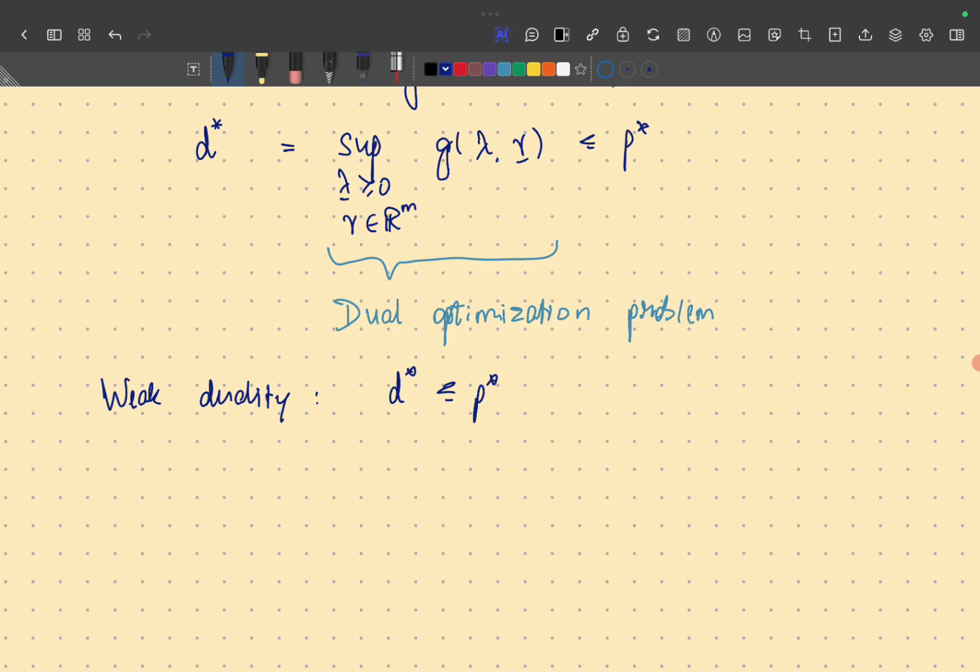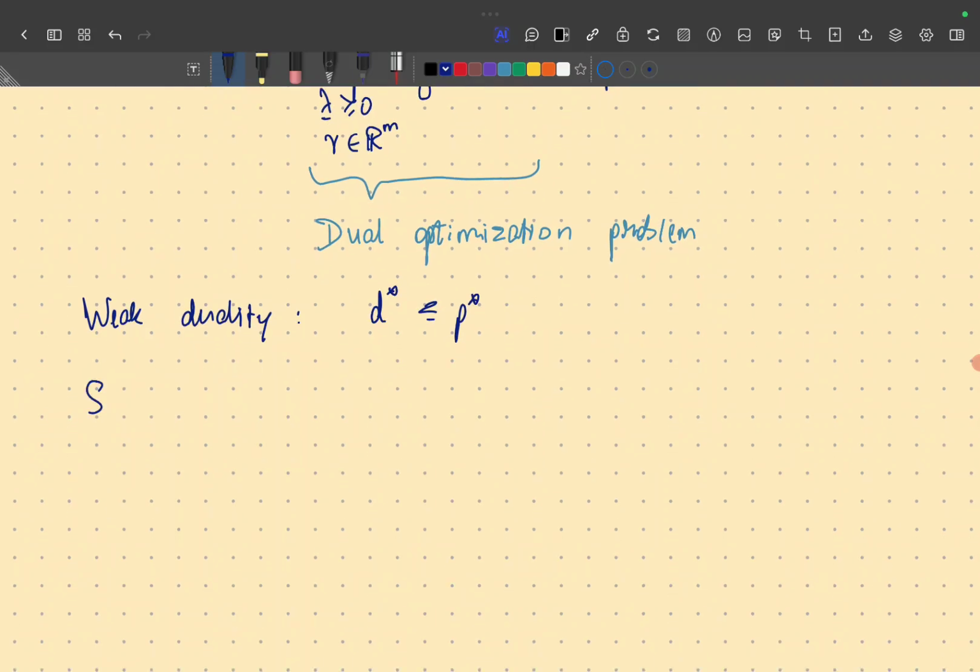All right. As it turns out, if we impose more restrictions on these functions, then it is possible to have so-called strong duality. That is, d star could be equal to p star. I'll get to that. Just wait for a minute. But if this happens, then I say that this problem satisfies strong duality. Because I have these two optimization problems.